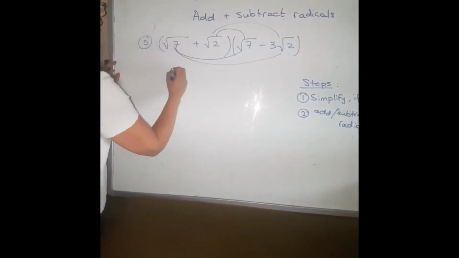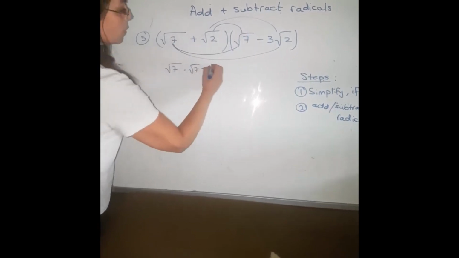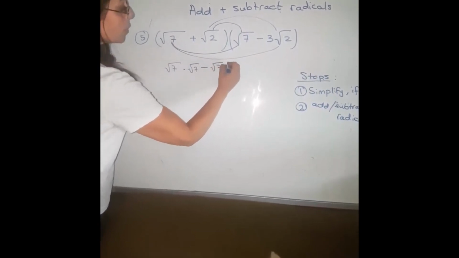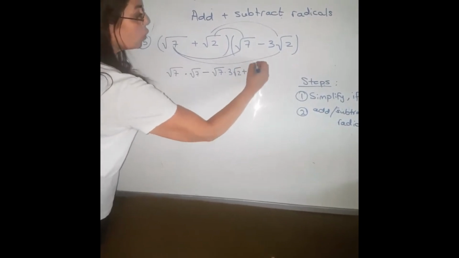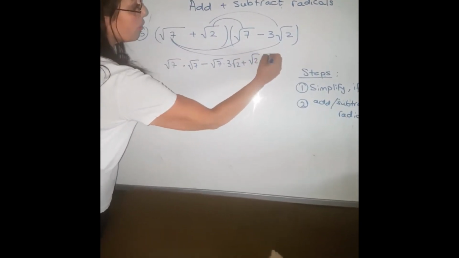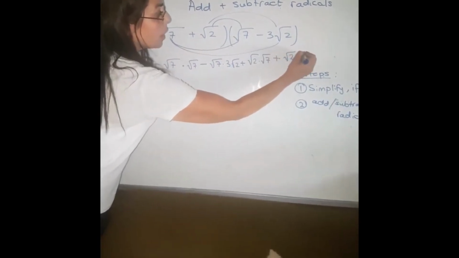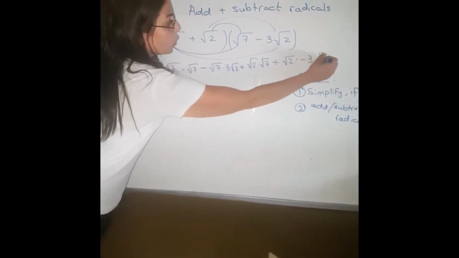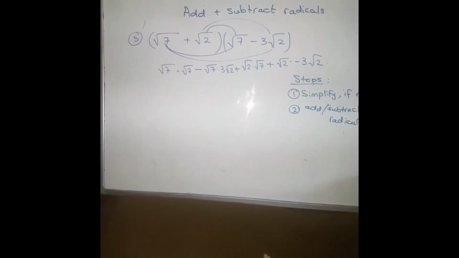So it's radical 7 times radical 7, minus radical 7 times 3 radical 2, plus radical 2 times radical 7, plus radical 2 times minus 3 radical 2. You can only multiply your radicals with each other and the numbers with each other.